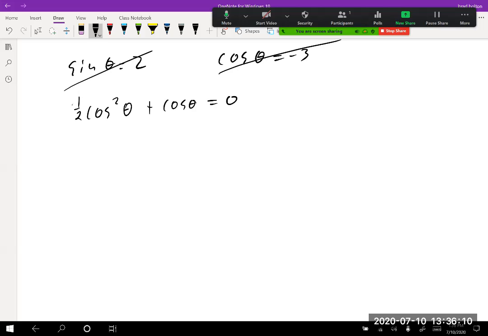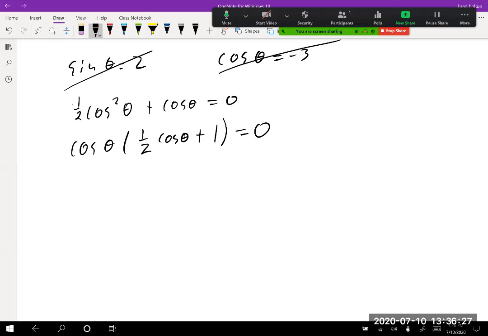So what I'm going to do is factor this. So this will be cosine theta times 1/2 cosine theta plus 1 equals 0. I think this will work better. There we go, I think I got it now.